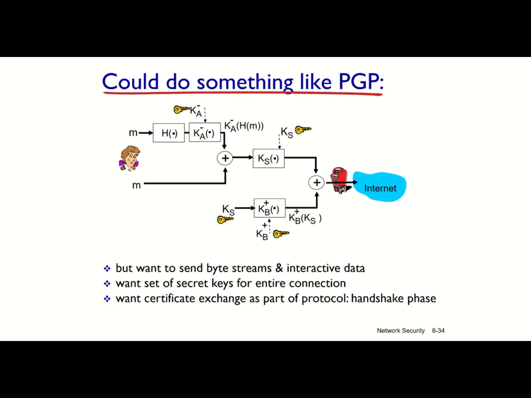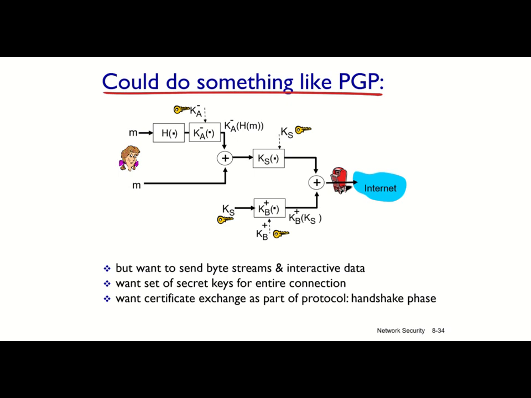The secret symmetric key, which is used for data communication in SSL, has to be encrypted by the public key of the receiver, so that when the receiver receives the message, he can retrieve the symmetric key KS and can decrypt the message and the signature of the message, and can find out whether the message is authentic or not.